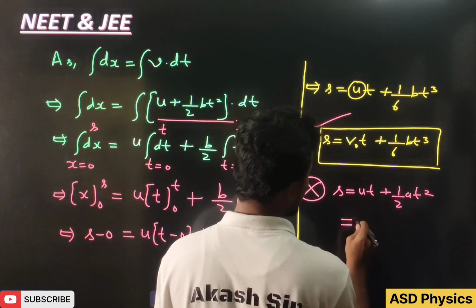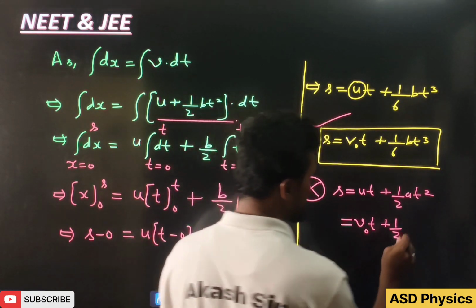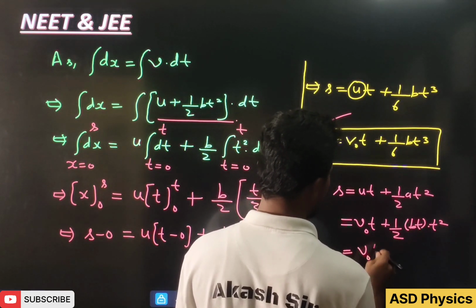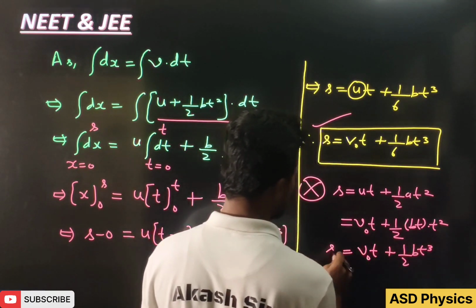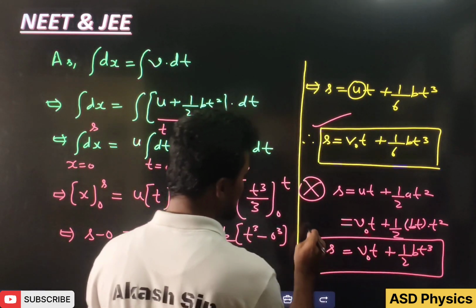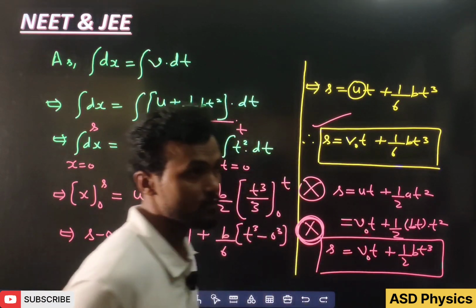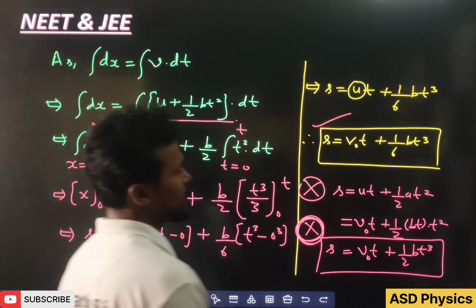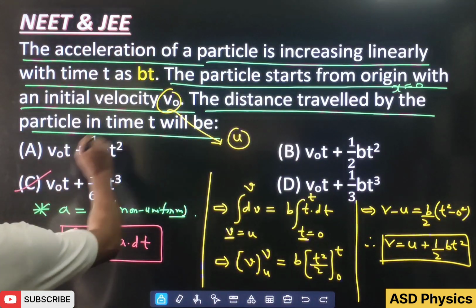They will think initial velocity v naught t plus half, and the value of a is given as bt, and t square, and they will reach the answer v naught t plus 1 by 2 bt cube. But this answer is wrong. The equation of motion is not valid here. So the correct answer is v naught t plus 1 by 6 bt cube.